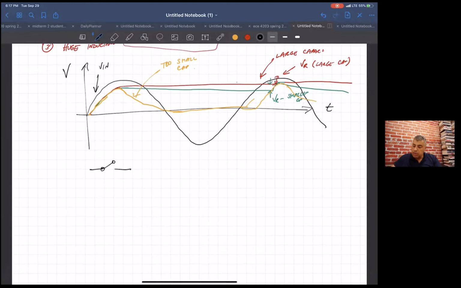When you look at it, in the case where the diode is turned off, so this is C1, let's say you're right at this point. The diode has turned off, and you have a voltage of VP minus VD on here.